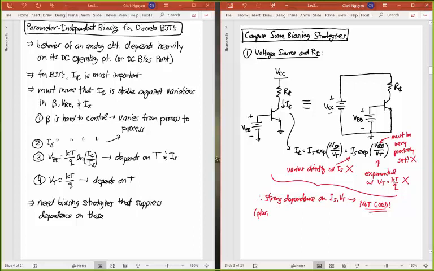as I've said, we don't normally have a VBB in integrated circuits. Let me write that out, integrated circuits.